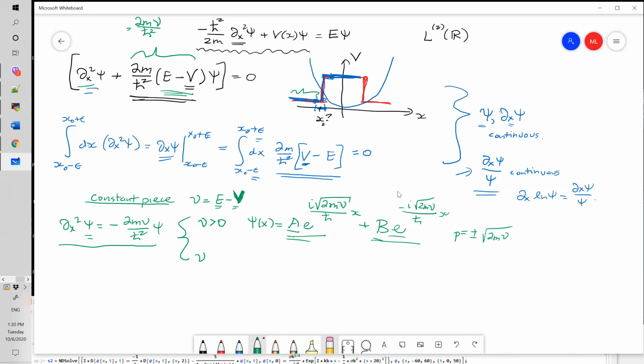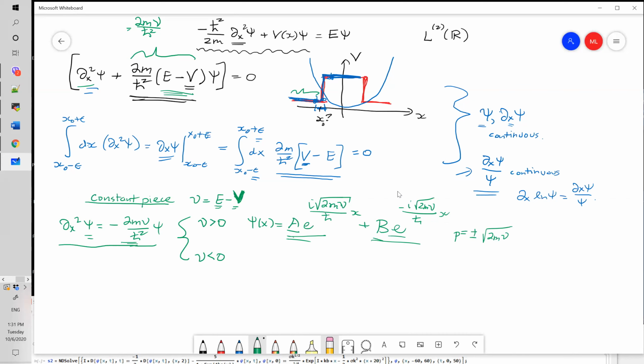Similarly, if nu is less than 0, then this whole thing becomes positive, right? And in that case, you get exponential increases and decays. And that's not a classical thing. You wouldn't get that classically, right?